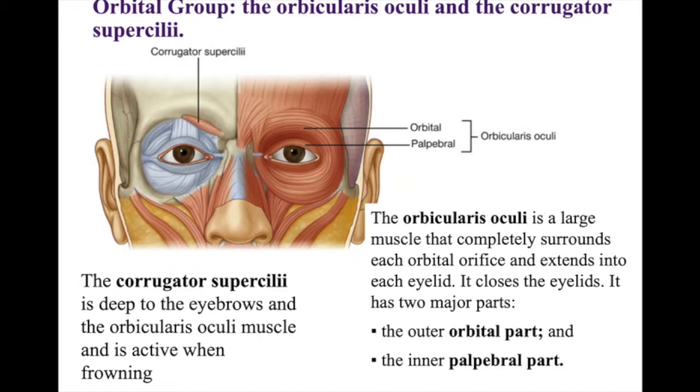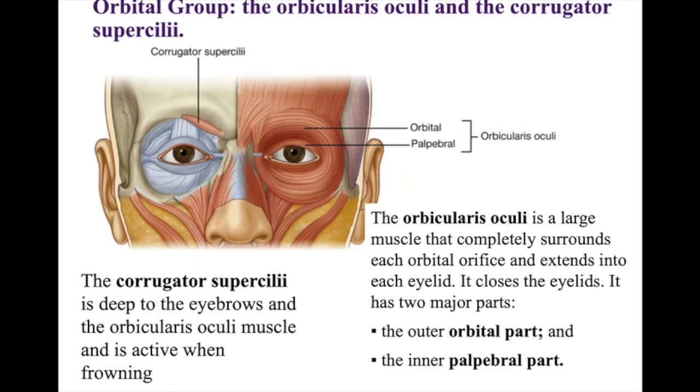The corrugator supercilii is a muscle that helps frowning, whereas the orbicularis oculi is a muscle that closes the eyelids. It has two portions, one is orbital and the other one is the palpebral part.